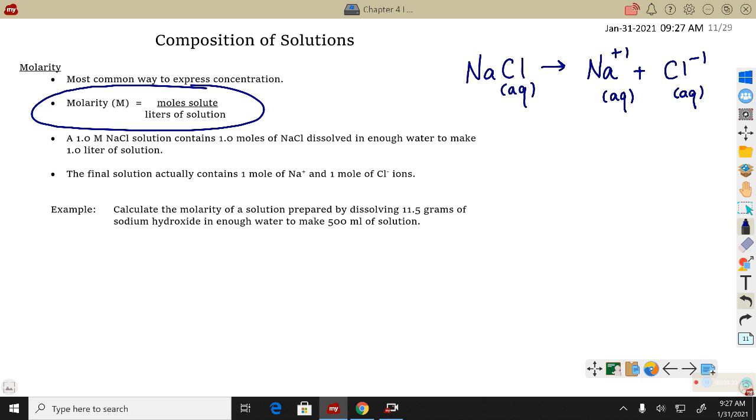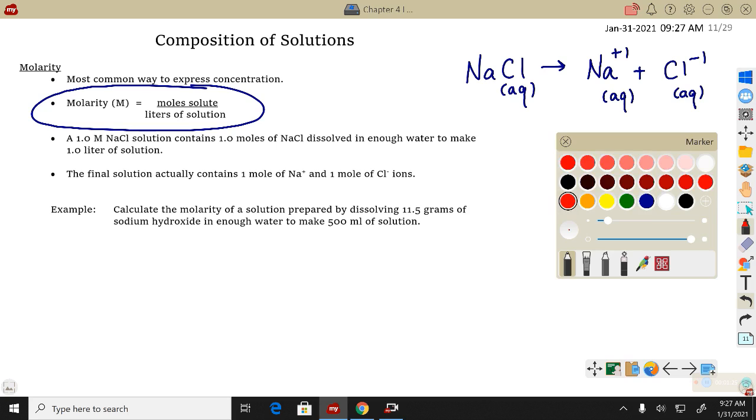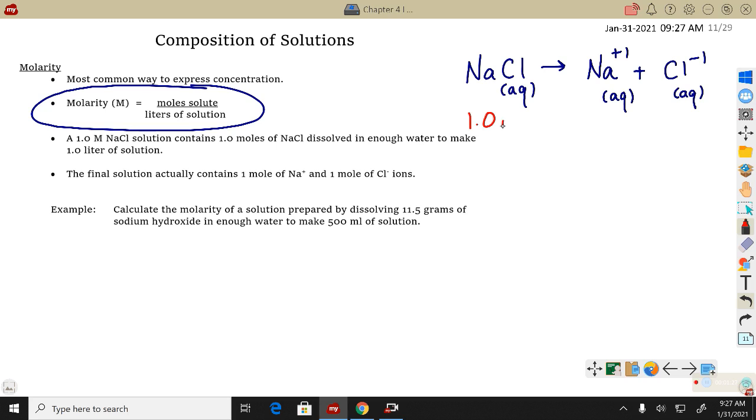So if I started with 1 mole of sodium chloride solid, I put that in enough water to make a liter of solution. In the end, as it totally dissociates, I would get 1 mole of sodium ions and 1 mole of chloride ions. Does that kind of make sense?